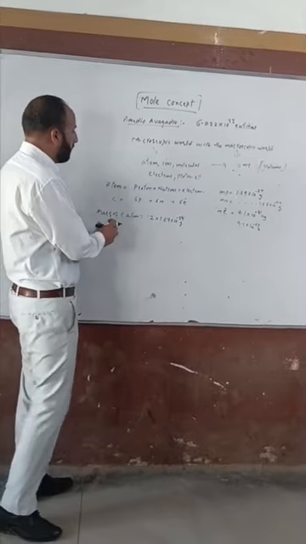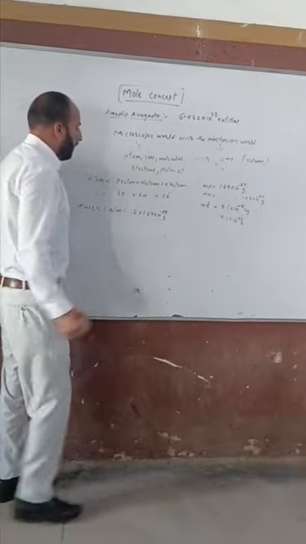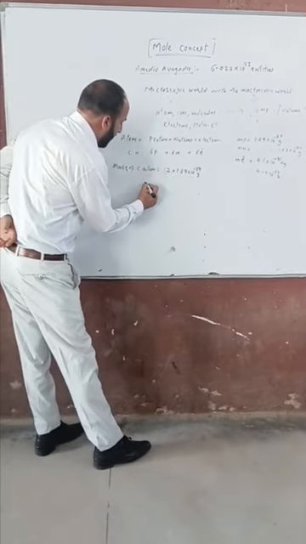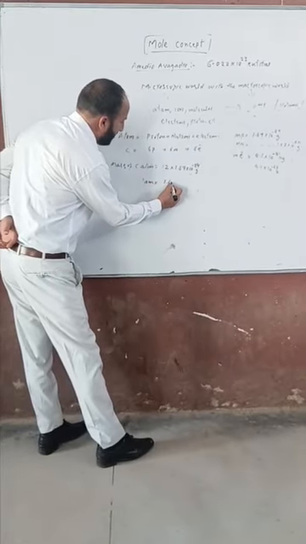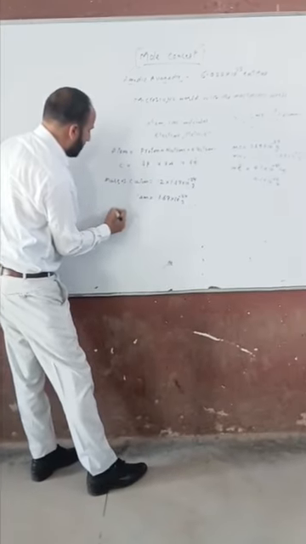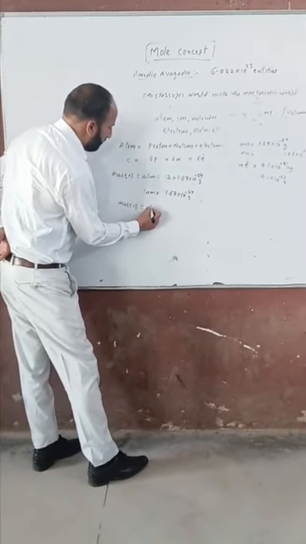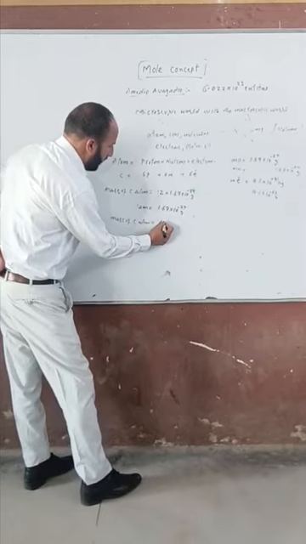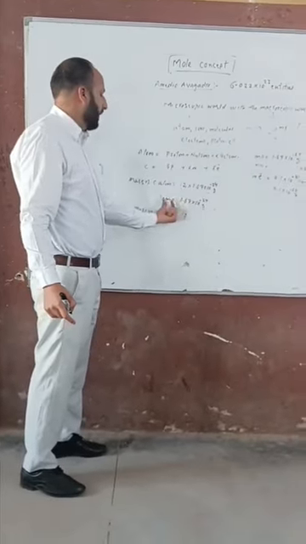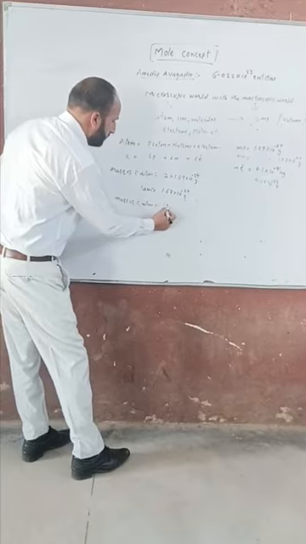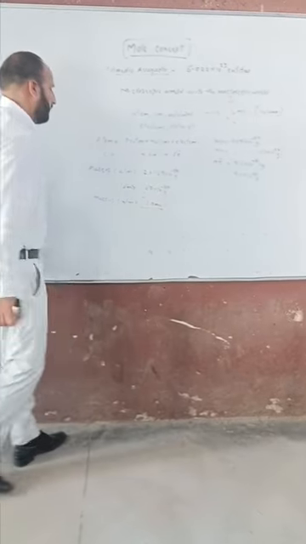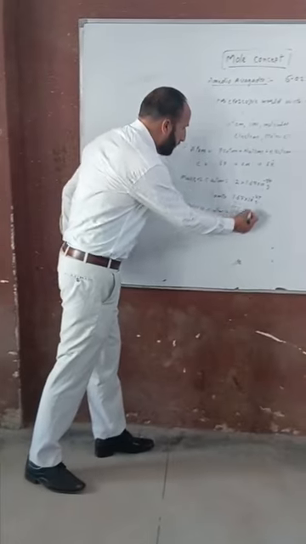So the mass of a carbon atom is 12 AMU. Clear?